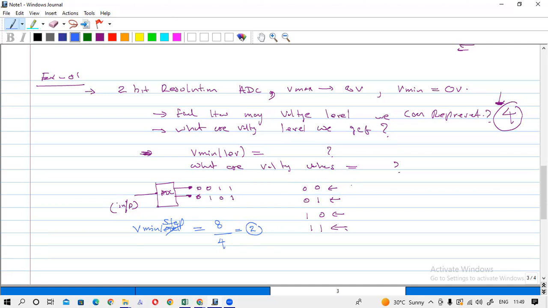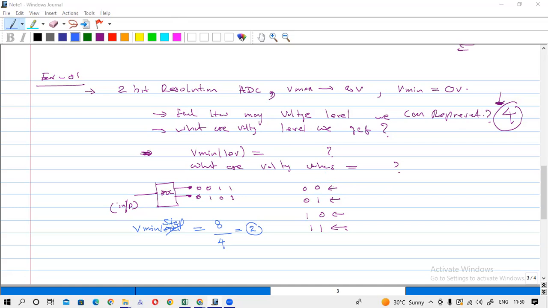What are the voltage levels we can get from this ADC? Please tell me, what are the voltage levels?